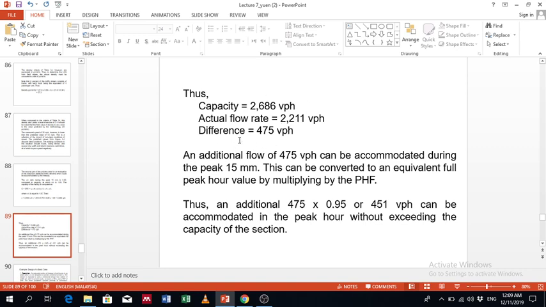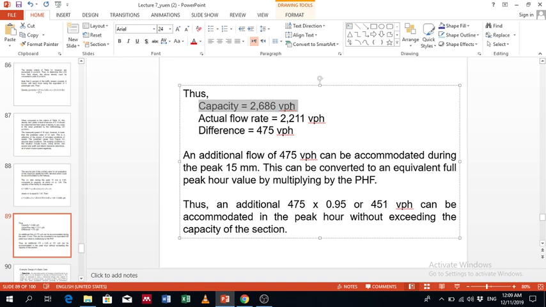The difference between the capacity, which we calculated in the first step, and the actual flow rate with V over C equal to 1 would be 475. You can leave the answer here because it's also complete, but you can also convert it to a volume.